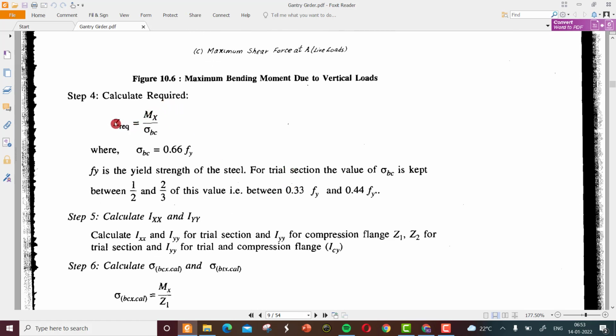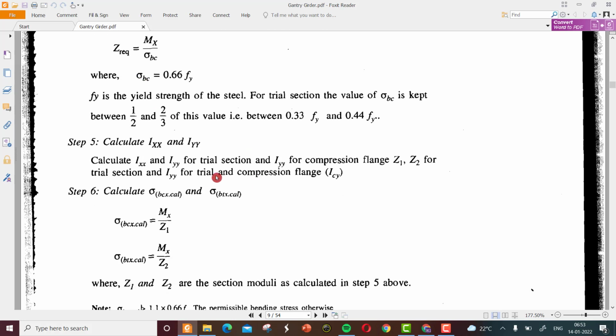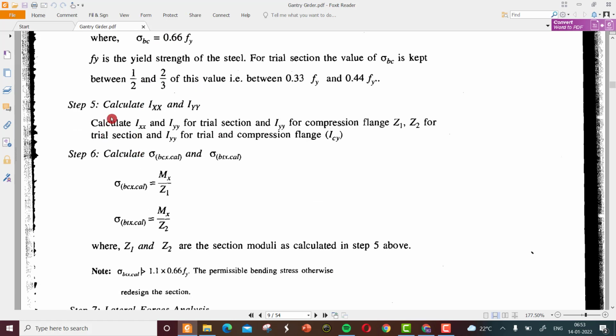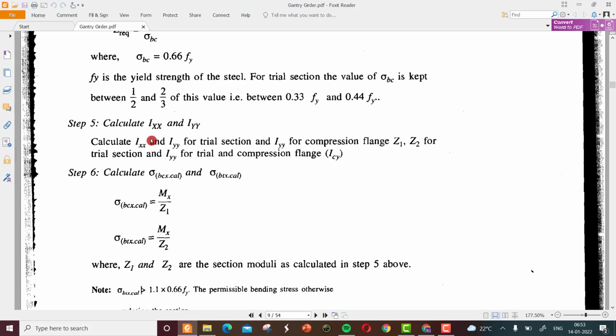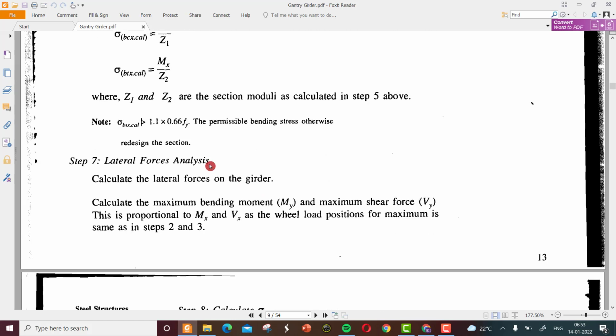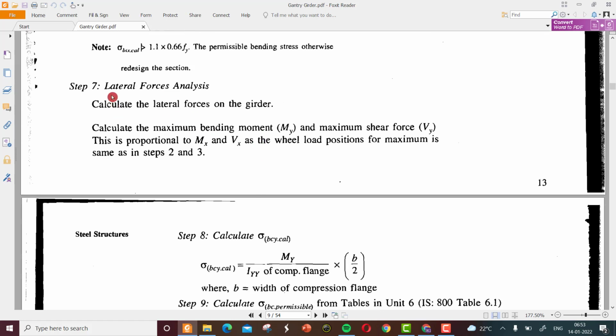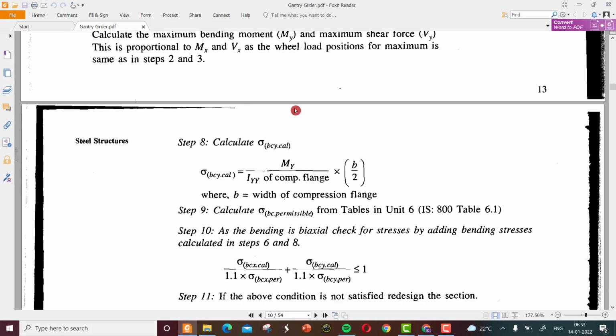Then find the section modulus required, by knowing the moment acting on the gantry girder and the bending stresses. After we get the section modulus, we can find the Ixx and Iyy required, and then we will give a section. Then step 7 is on the lateral forces, which is the force contributed by the crab trolley movement, and the calculations for that.